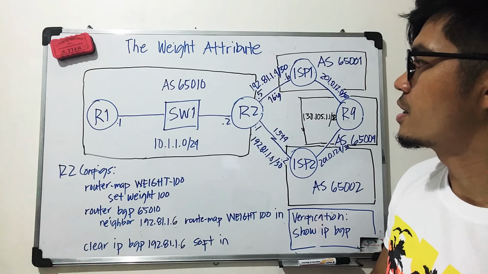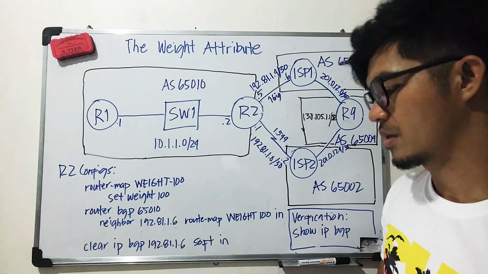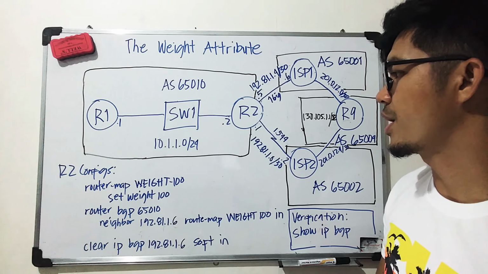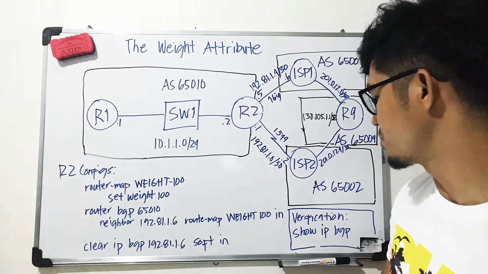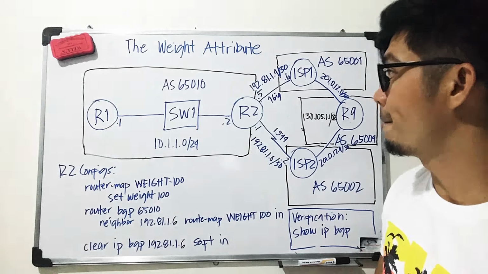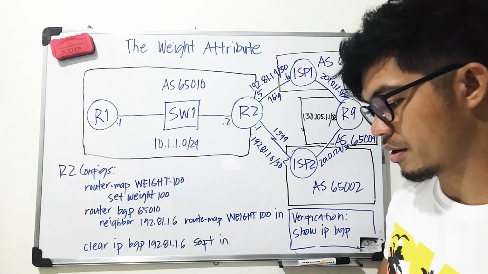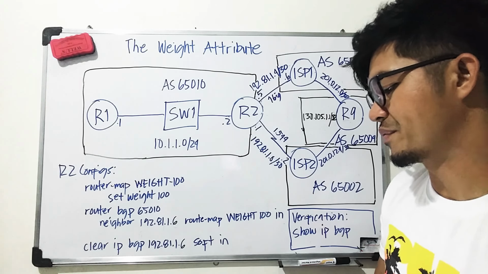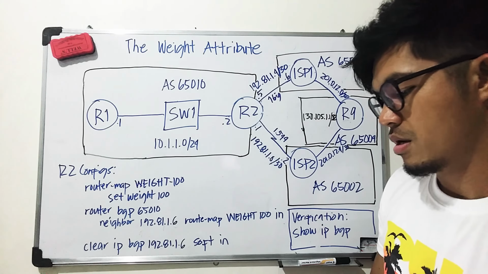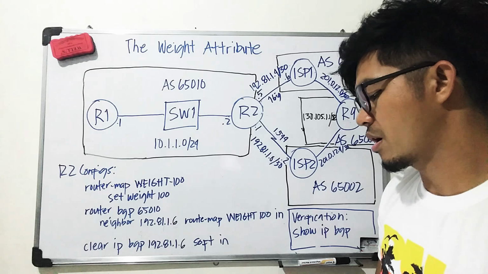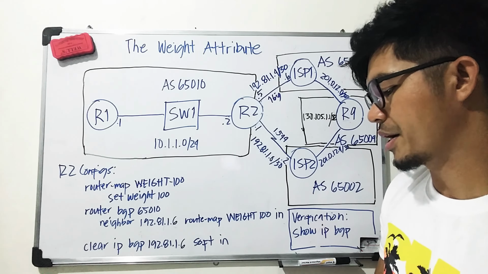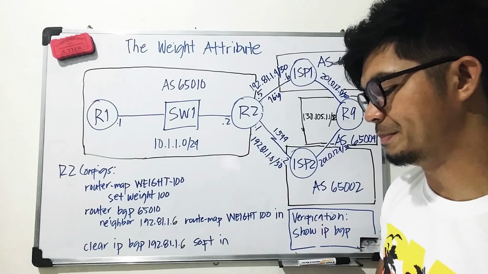So let's see, by default, if you go to R2 and do a show IP BGP, all the BGP attributes are set to default. So for example, metric, local preference, weight, path are going to be set to default.